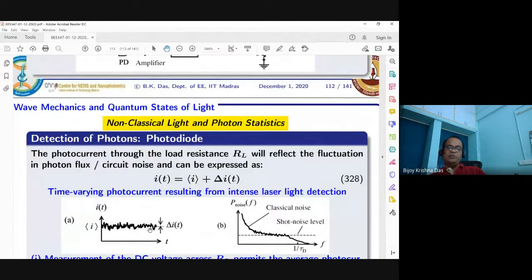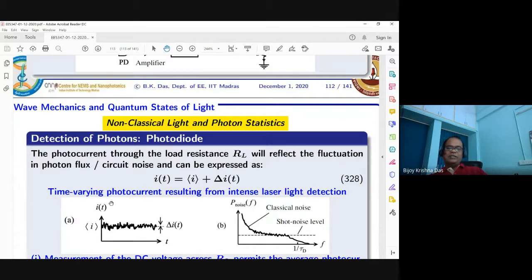If you are increasing your power, then your average current will go up, and there you will be seeing the noise. Again, you increase the power, this average current will be increasing, and there you will see the noise. So at every power level, you try to see this delta I, this fluctuation, mean square, multiplied by RL, then that is your noise power, electrically, whatever you are measuring.